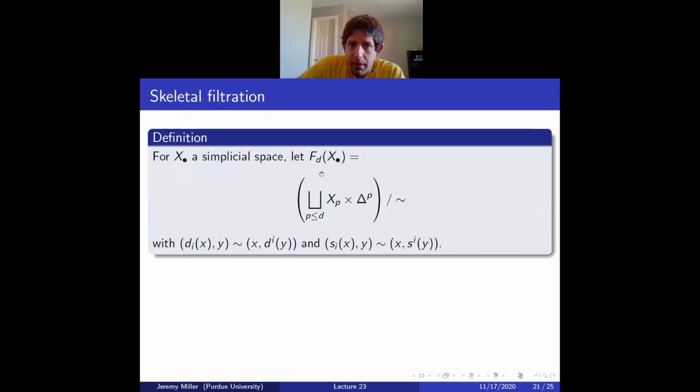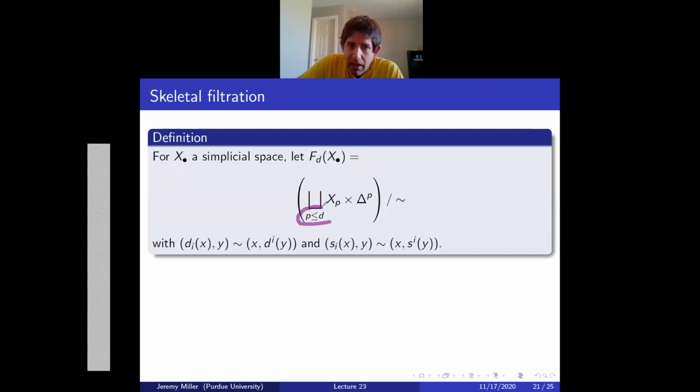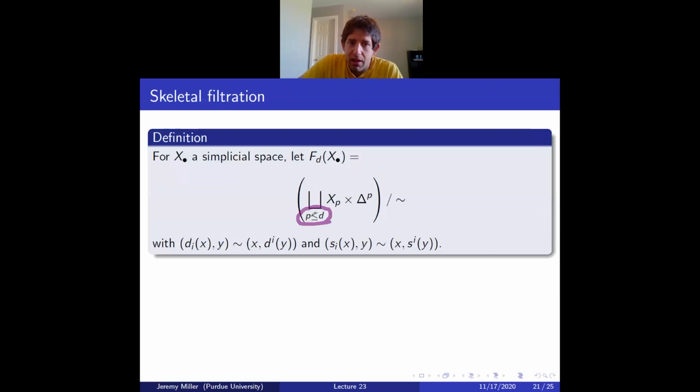The d-skeleton is basically the formula for geometric realization, except the key thing is that you only take the space of p-simplices cross the p-simplex when p is less than or equal to d, and then you mod out by the same relations, and you only apply these equivalence relations when everything is in your subspace.